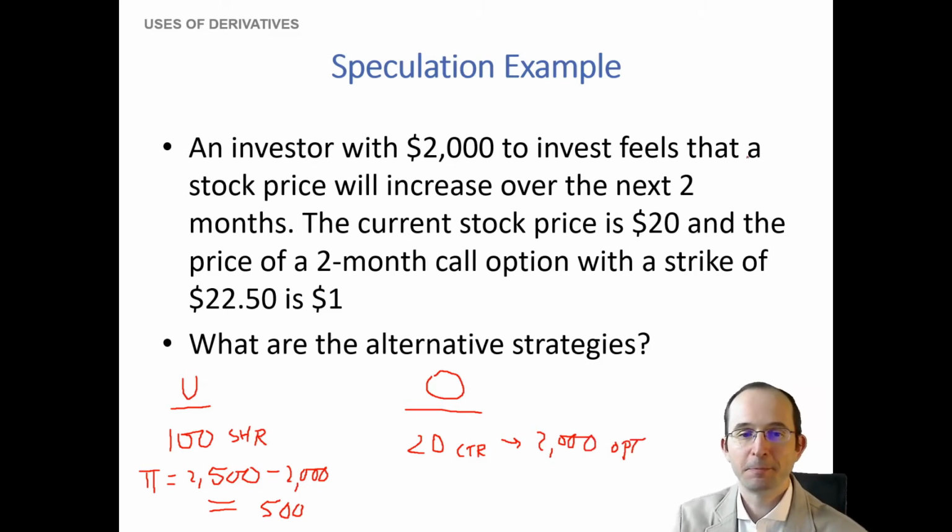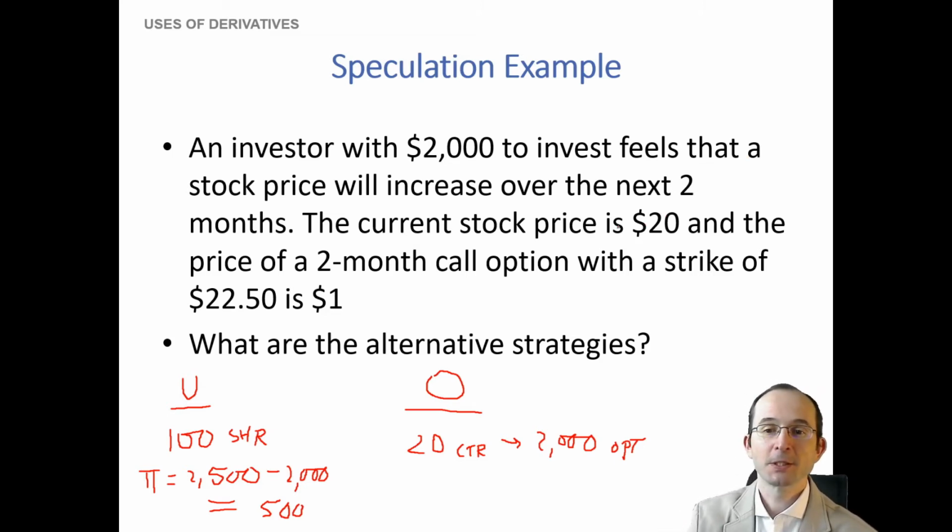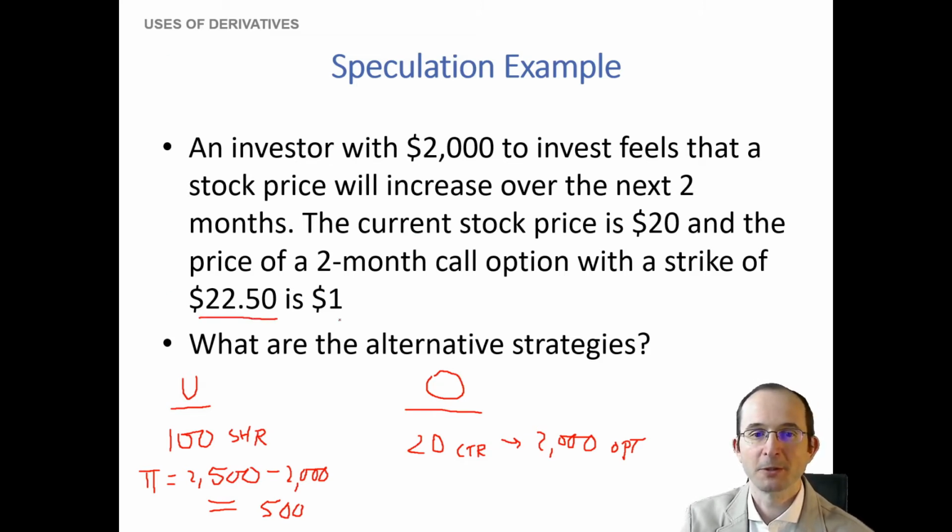Now, if the price goes to 25 again, what is the payoff to each of these options? Well, remember, we get to buy at $22.50 because that's what this call option gives us the right to do. If the price is 25, the payoff per option is 25 minus $22.50, or $2.50.